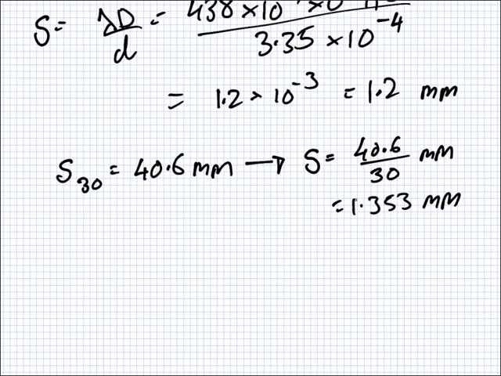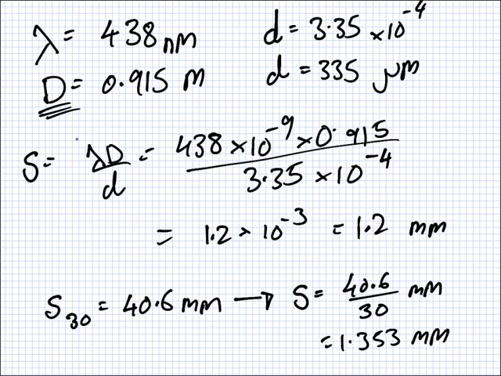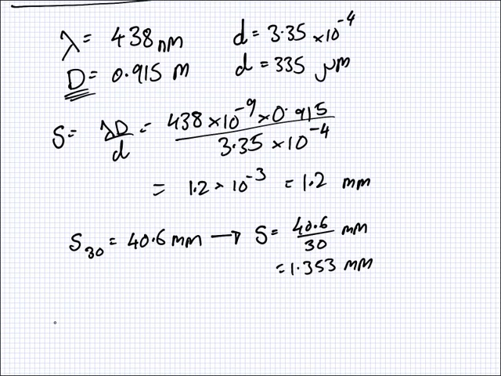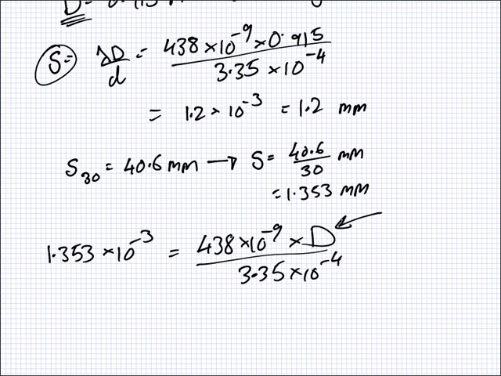Determine the distance that the screen has been moved. Okay, so everything else is the same except for this. We have 1.353 times 10 to the minus 3, that's the s, equals lambda times D over small d. So we just want to get D now.